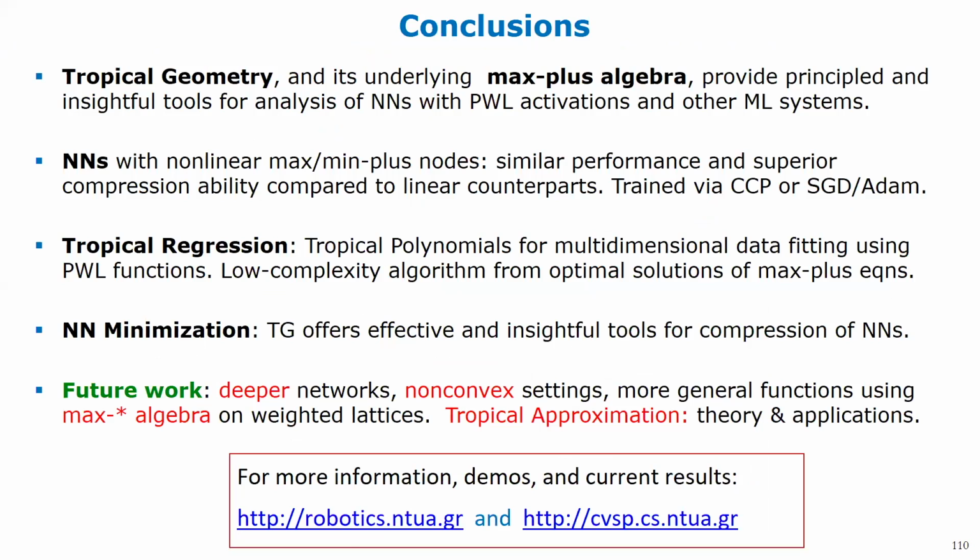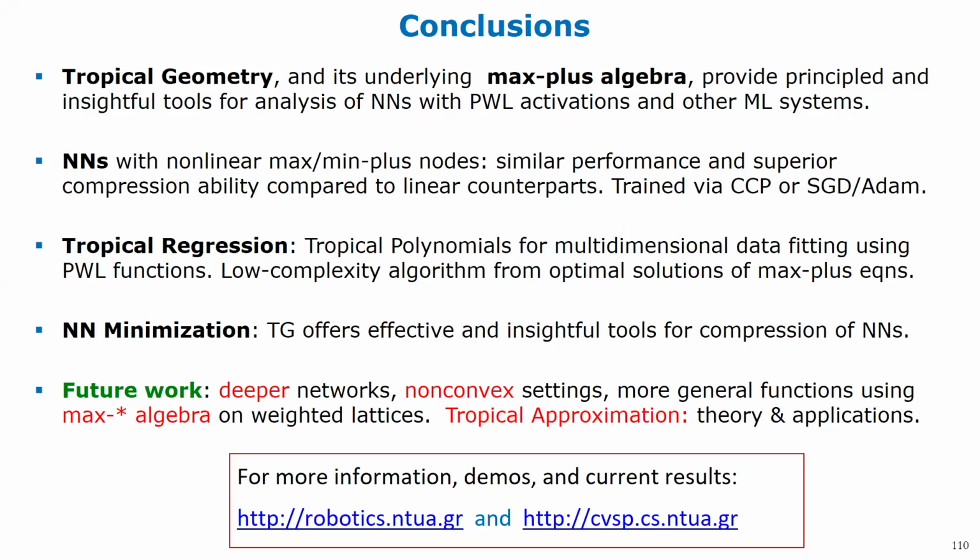So, in conclusion, tropical geometry, I think, and its underlying max algebra, they provide useful and principled tools, and also they provide geometric intuition for analyzing several classes of neural networks with piecewise linear activation and neural networks with these max plus nodes like the morphological neural nets.